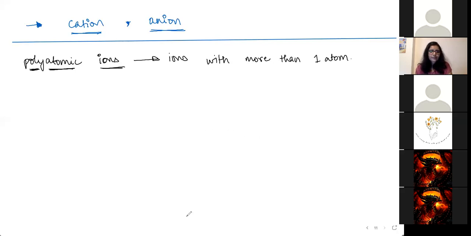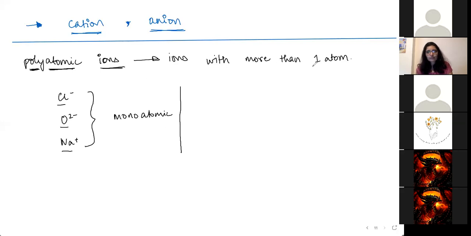So far we've been dealing with something like Cl minus, right? Say Cl minus or O2 minus or Na plus, these are all made from a single atom. These are regular ions, they are monoatomic. In polyatomic ions, you have more than one atom.